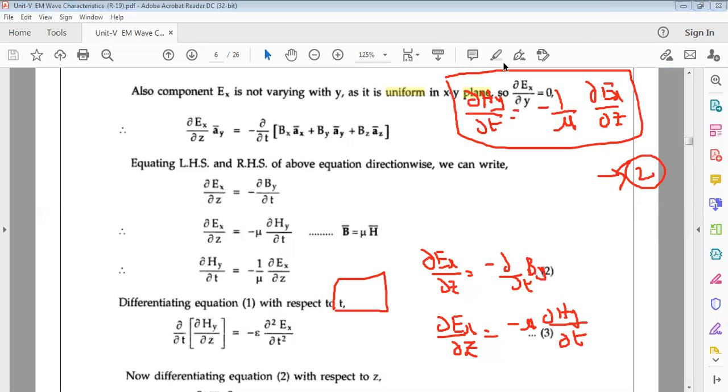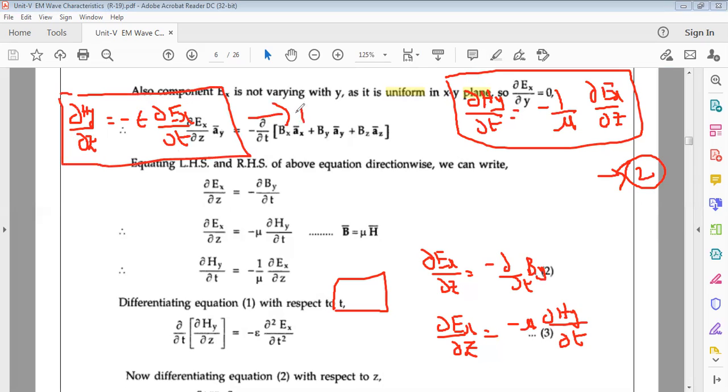This is equation 2. Equation 1 is dou Hy by dou z is equal to minus epsilon into dou Ex by dou t. This is the equation 1. Okay, my dear students, we got here dou Hy by dou t.